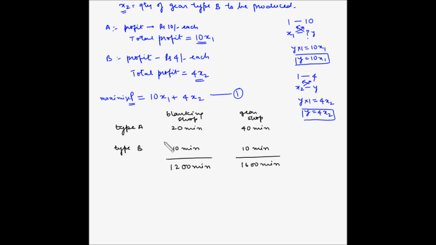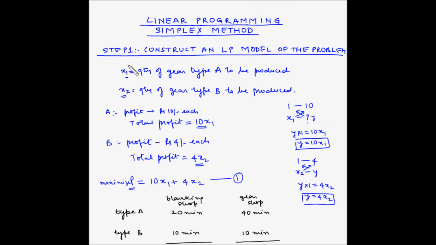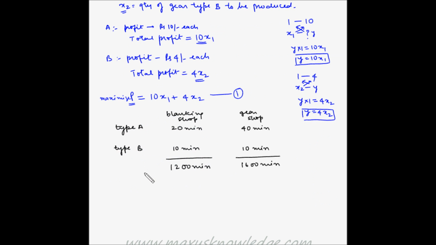So let's construct the constraints. Each gear of type A needs 20 minutes on the blanking shop, and we have x1 number of type A gears. So again the same concept as we had used here. One gear needs 20 minutes, so x1 will need how much? So cross multiplication, y is equal to 20 times x1.